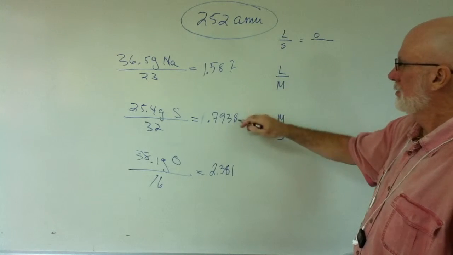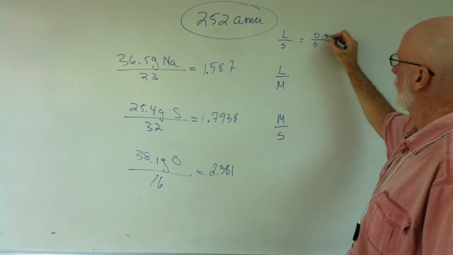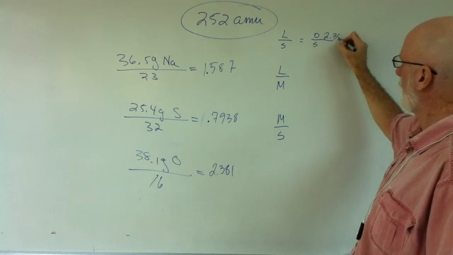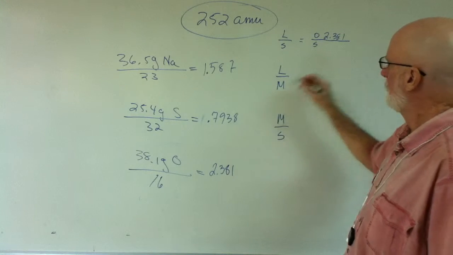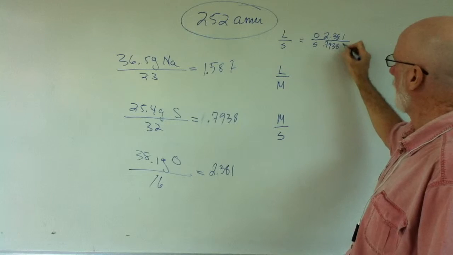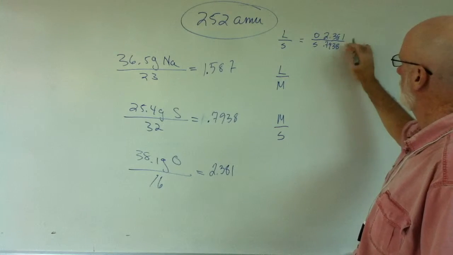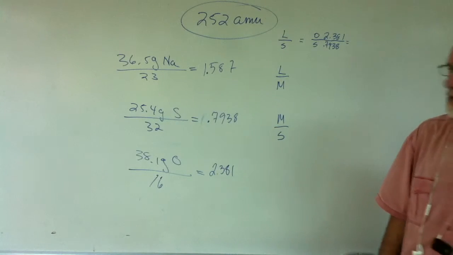Small. Sulfur, which is going to be 2.381 over 0.7938, right?